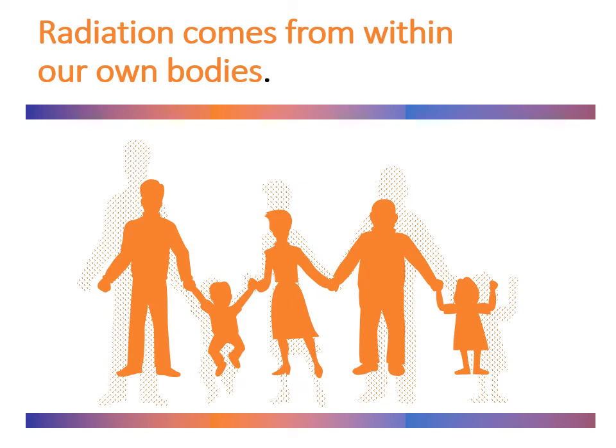Radiation comes from within our own bodies. We are made up of elements, and some of these elements are isotopes, and these isotopes decay. In fact, carbon-14 is in our bodies. We take it in as we eat carbon-based food, and then we breathe out carbon dioxide, so the amount of carbon-14 in our bodies is constant.